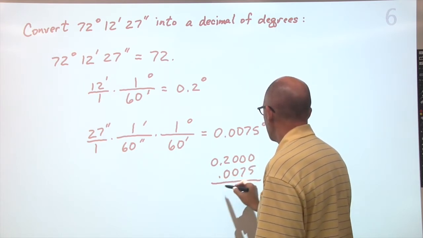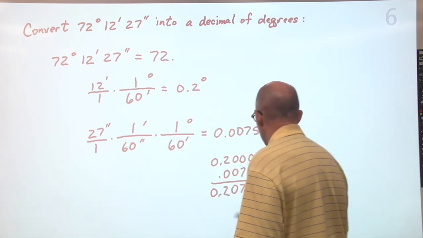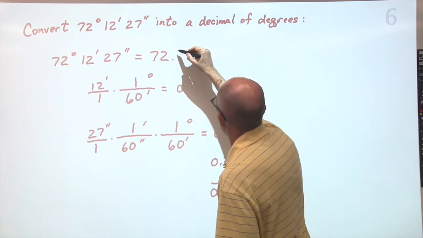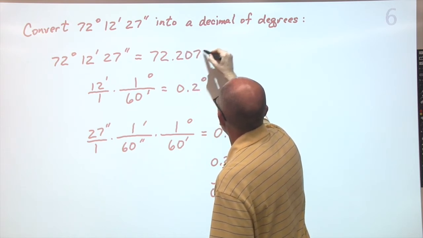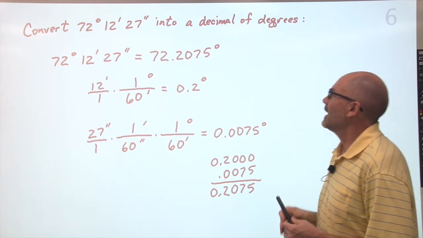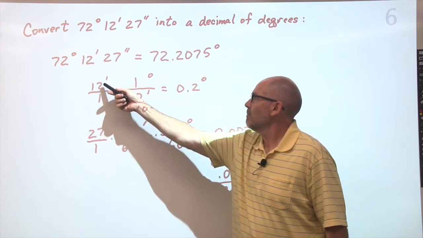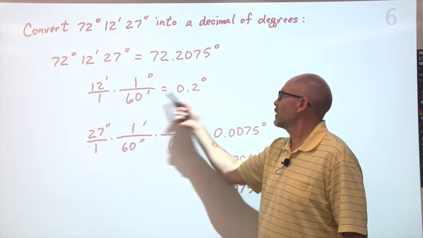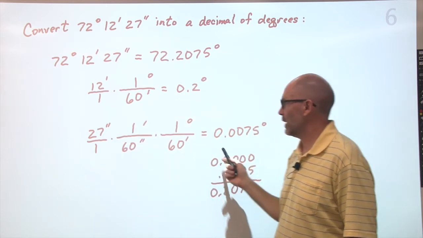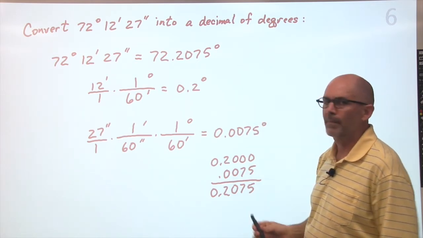So notice what I end up with is 0.2075. So that's the fraction of degrees that I have. So I have 72.2075 degrees. So bottom line is each degree is a whole degree. Each minute is a 60th of a degree, and each second is a 3600th of a degree. So you just add up those fractions and put it on the number.